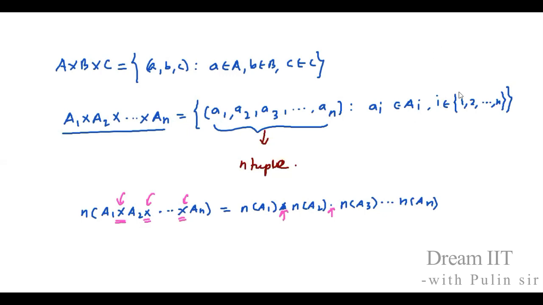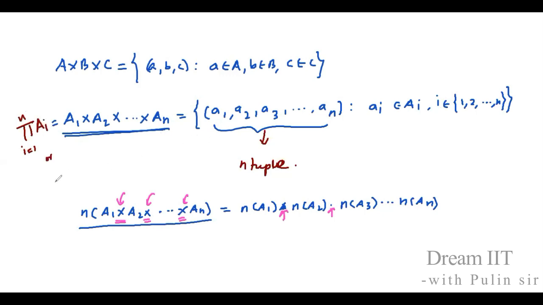So after that, we have a notation for this. Instead of writing this bigger A1, A2, Ai, etc., we can shorten this, right? By writing a symbol. This is a capital Pi. i goes from 1 to n, and we write Ai, right?